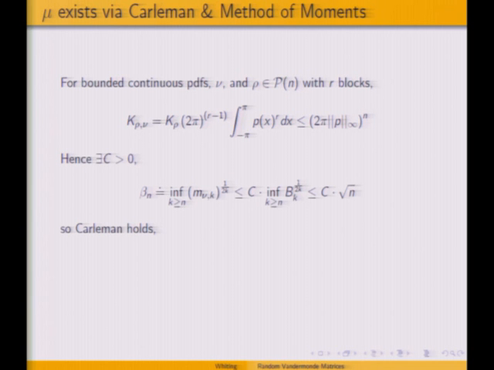And then using the method of moments, we can show that the distribution of the eigenvalues is converging to that, and that means that the limit distribution exists. So the measure exists, and that's by Carleman's theorem and the method of moments.